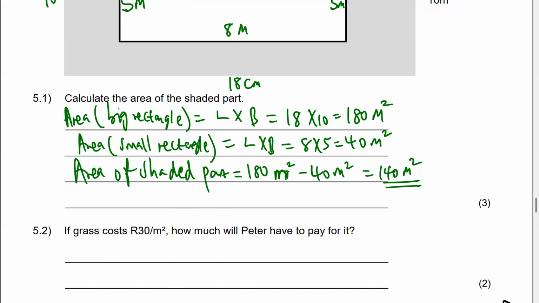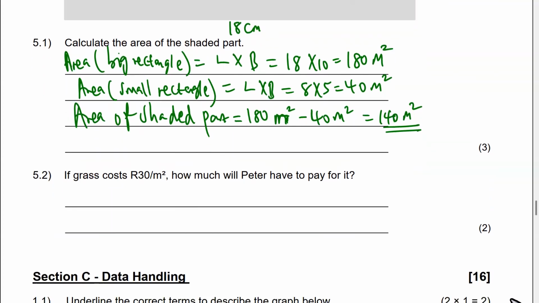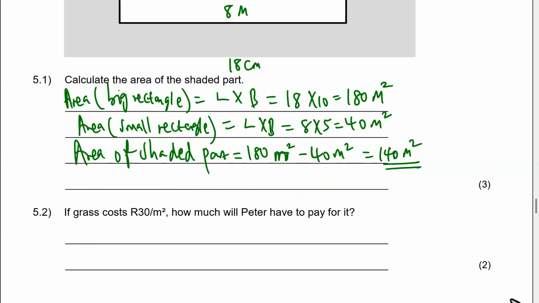Let's check. How did you get it? So we had to divide the 140 meters squared by... Right.